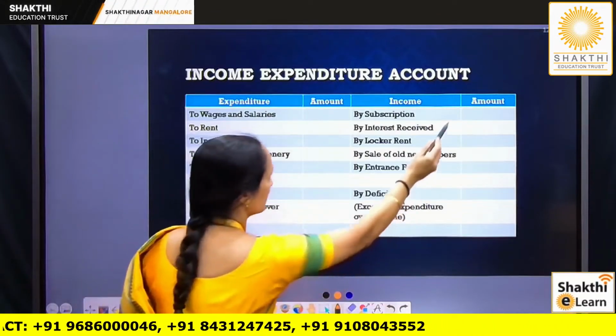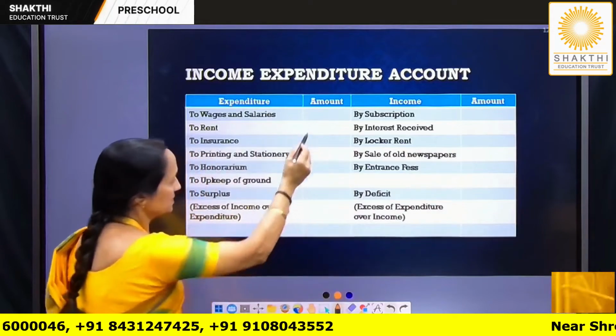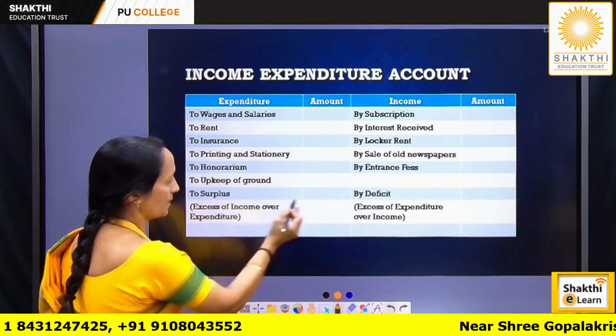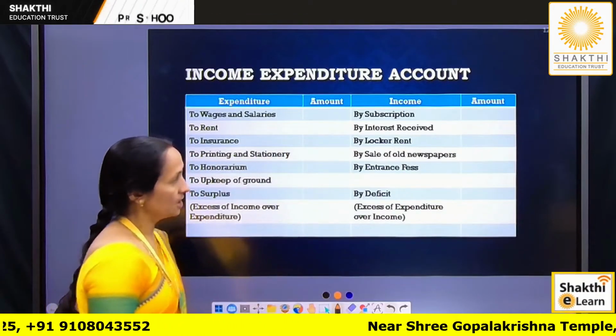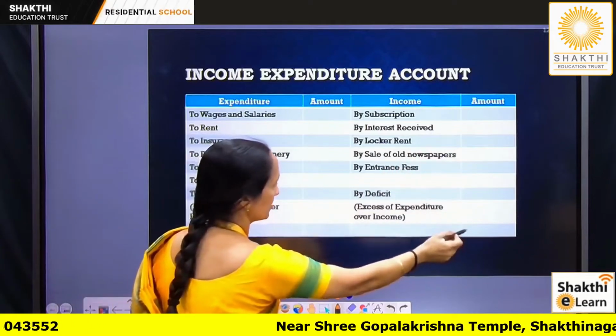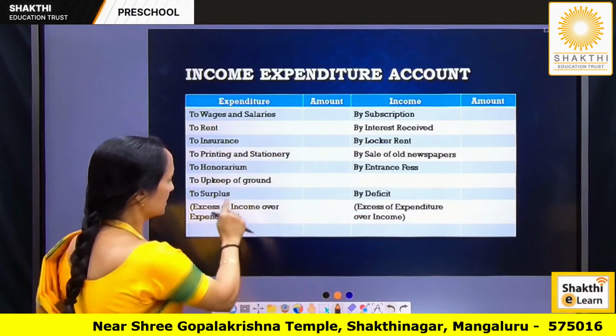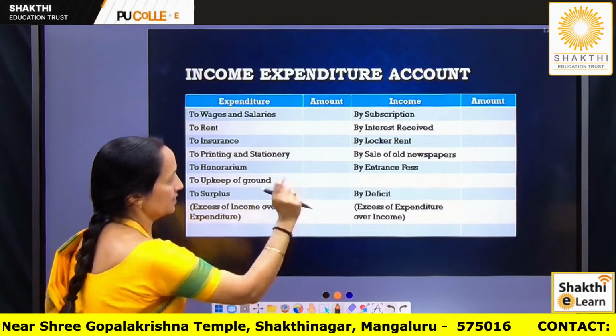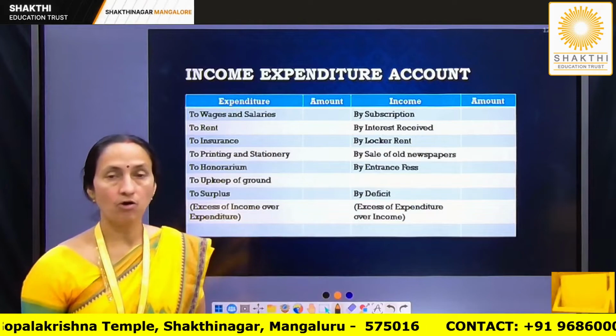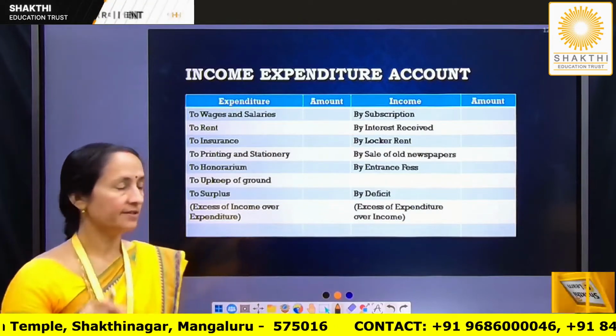Suppose our income is 1 lakh here and the expenses are 80,000. So our surplus is 20,000. Right? So total income is 1 lakh and all the expenses together 80,000. So the excess of income over expenditure is 20,000 here. It is the same as how we found the profit first year.